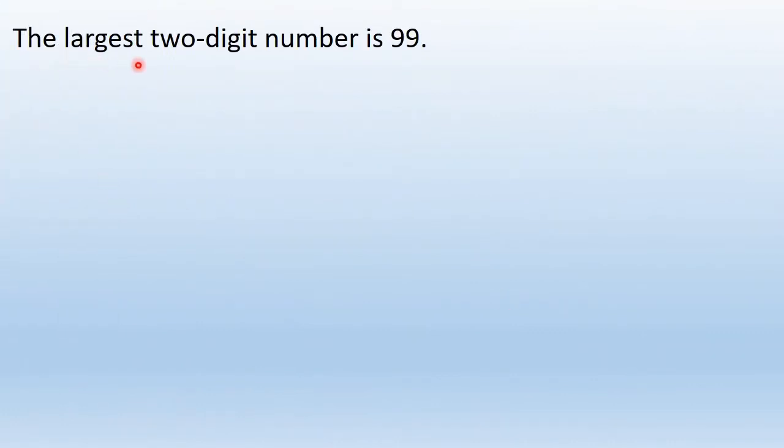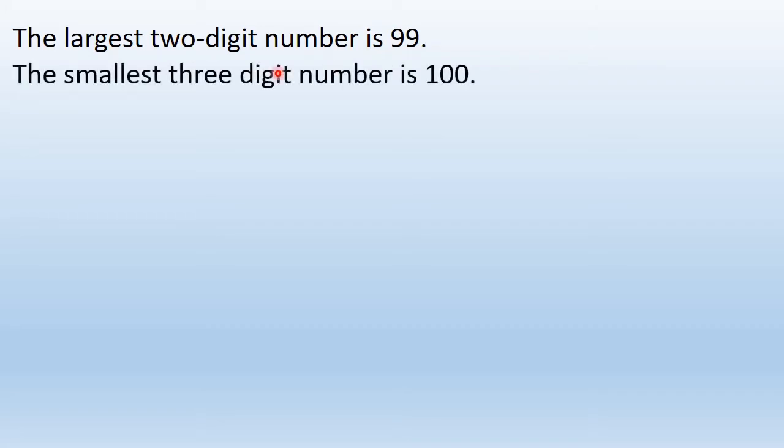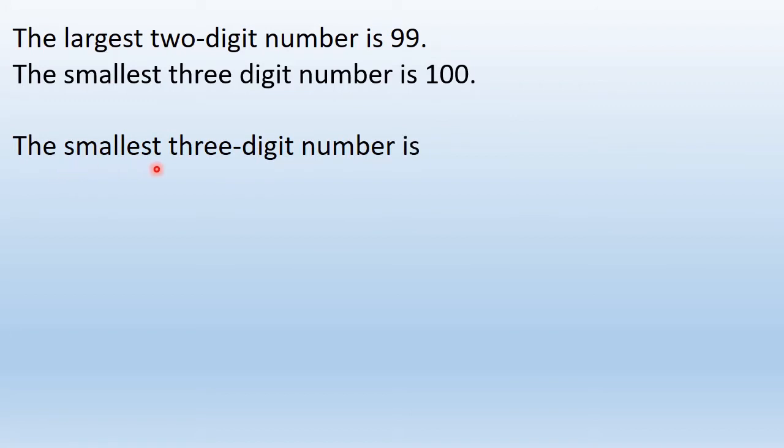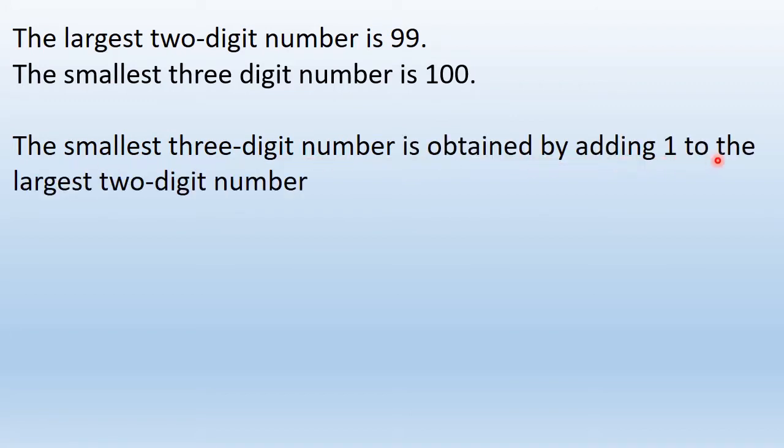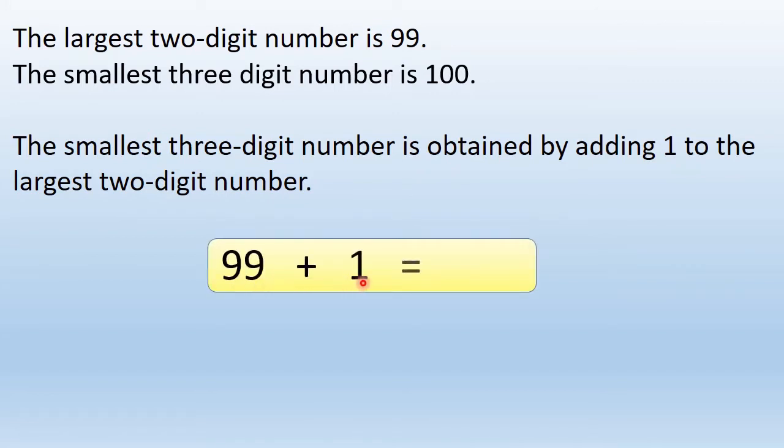The largest two-digit number is 99. The smallest three-digit number is 100. The smallest three-digit number is obtained by adding 1 to the largest two-digit number, that is 99 plus 1 is equal to 100.